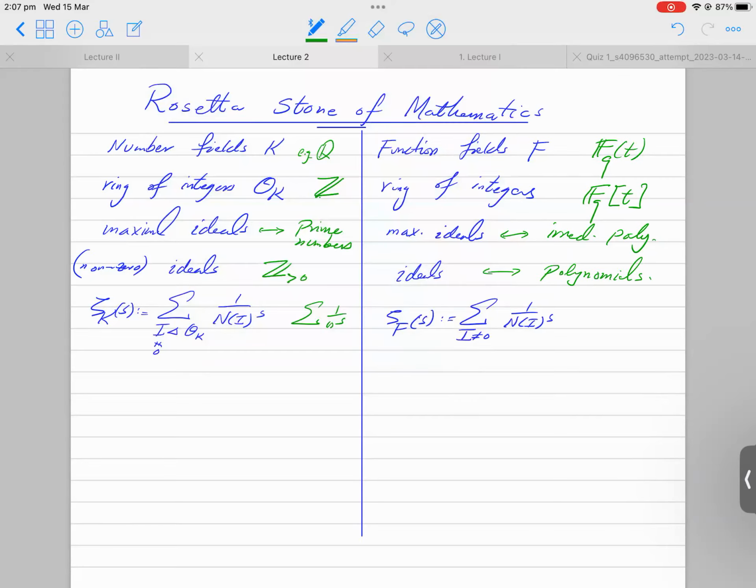And we did an example, namely in this running example with rational functions in one variable, where we got an expression for this.